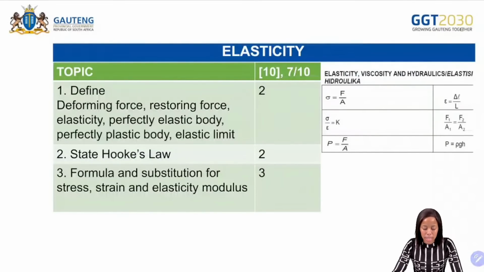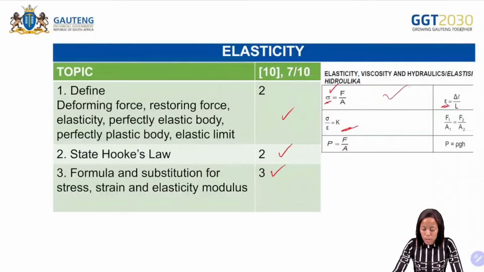Next, we have elasticity. Again, you need to be able to define the definitions of elasticity, state Hooke's law, and know the formula and substitution for stress, strain, and the elasticity modulus. So with this one, you should at least familiarize yourself with the formula for stress, this one, the formula for strain, and this one, the elasticity modulus.